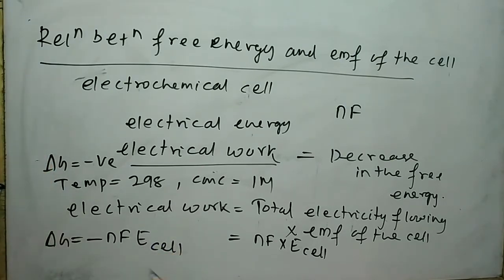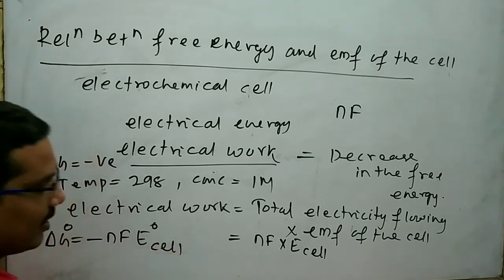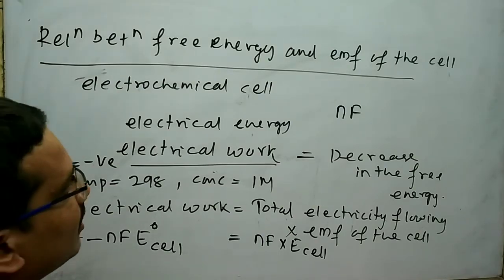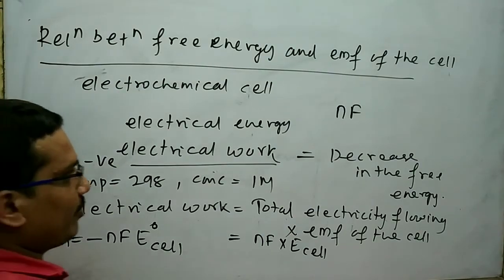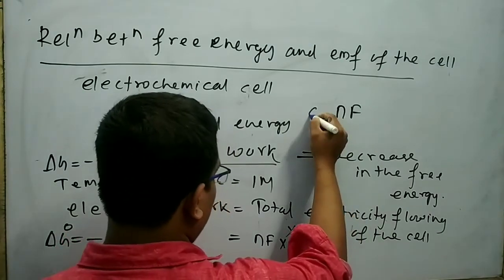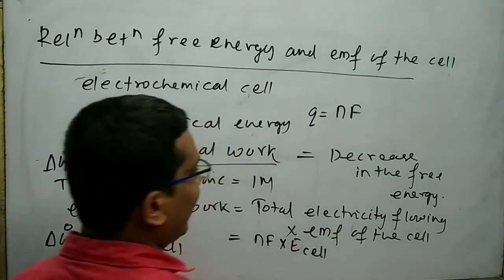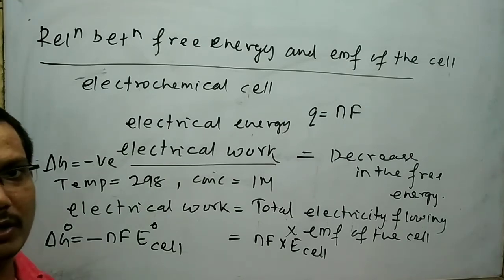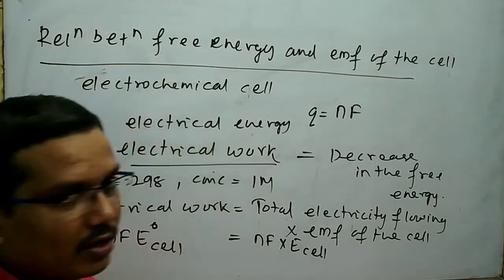For standard condition, delta G0 equal to minus nF E0 cell. This is the relation between free energy and EMF of the cell. Remember an important point, total charge Q equal to n into F. F means Faraday. 1 Faraday equal to 96,500 coulomb.